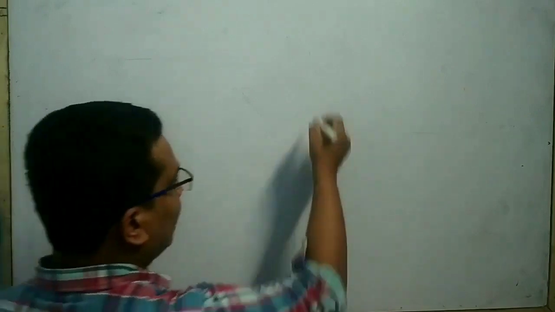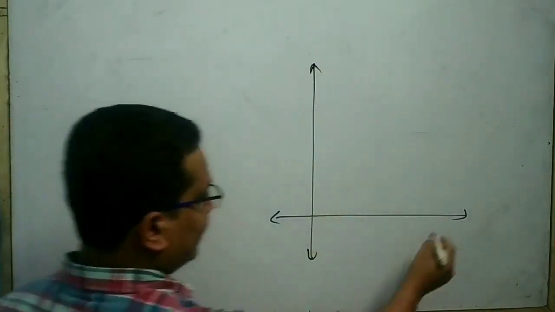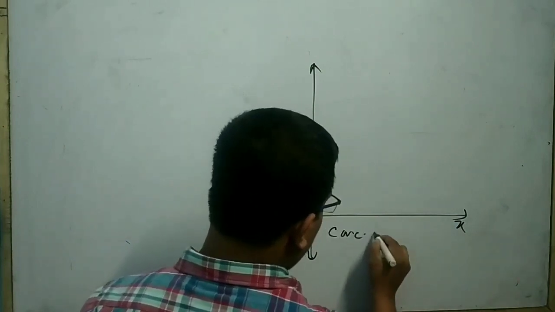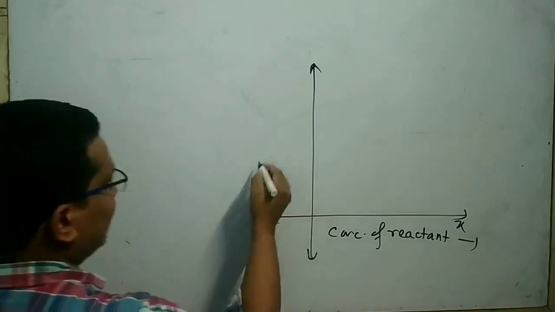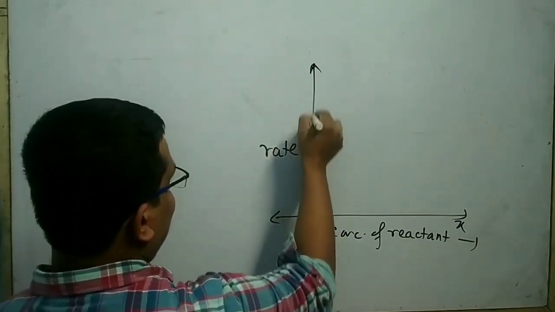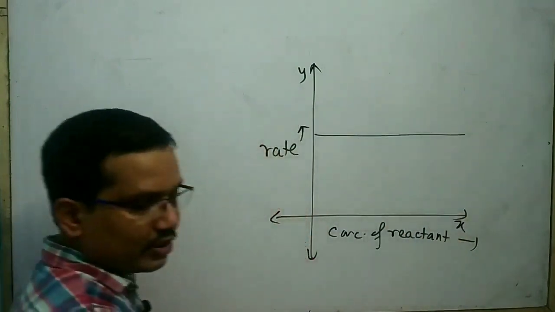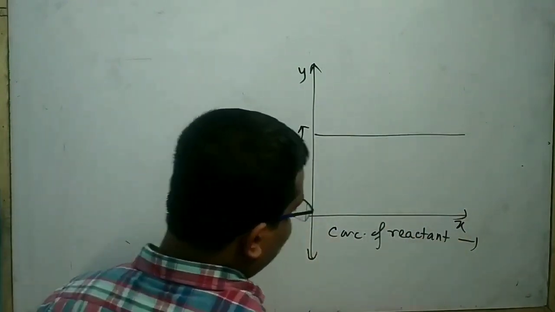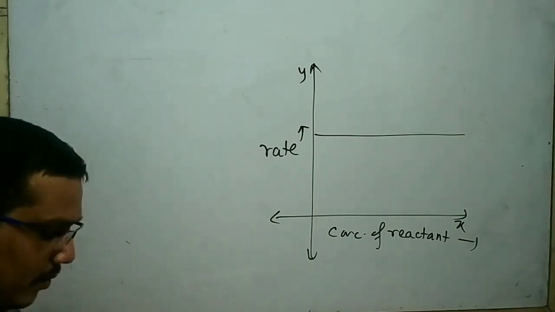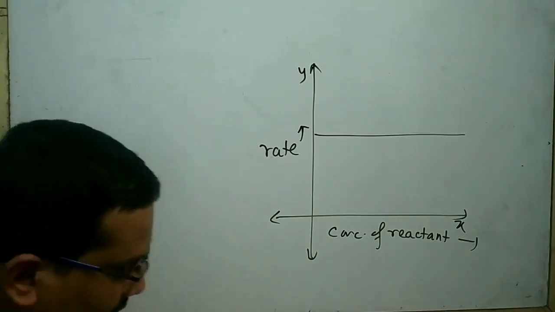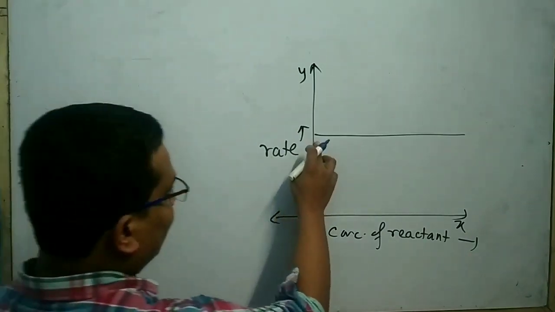The next question is about the graph that is drawn. On the x-axis, the concentration of reactant is taken. On the y-axis, rate is taken, and a straight line is drawn which is parallel to the concentration of the reactant axis. Then the question is, what is the order of reaction? What are the units of rate constant k for the reaction? Look at that.